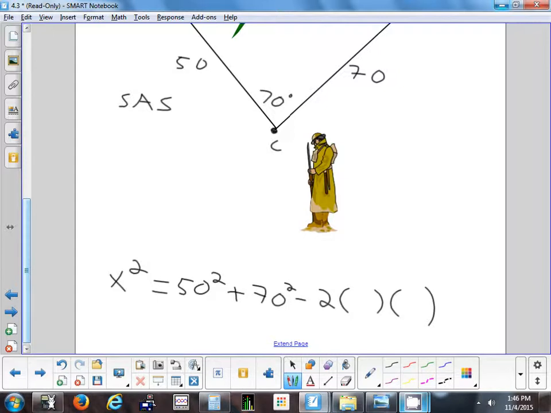So what's going to go in the parentheses here? 50, 70 times the cosine of our angle, which is 70. That's it. So now we just type it in, do it out, and we get our answer.